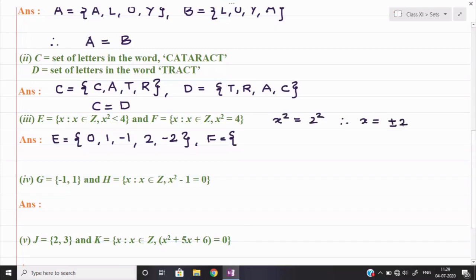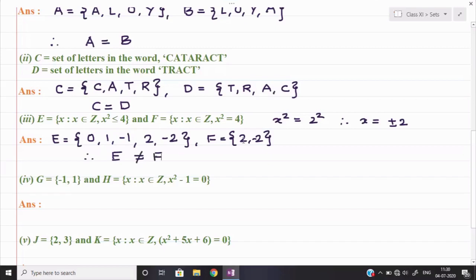So here I am getting the two values 2 and minus 2 and both are integers. So I can write down the set F is equal to 2 and minus 2, right? Now compare the sets E and F. Set E contains three more elements: 0, 1 and minus 1. So I can say that E is not equal to set F.